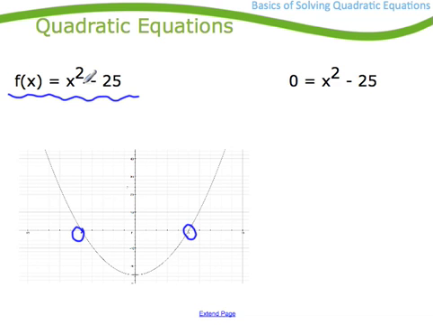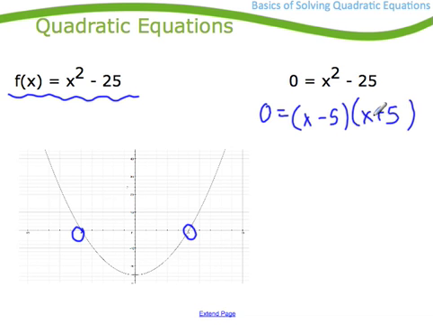So to do that, as I said on the last page, I let f of x equal 0, like I've done here, and then I solve this equation. Since it's a quadratic equation, I can factor, and I recognize this part here as being a difference of squares. And so I will factor this. It'll be x minus 5, x plus 5. Now I'll use the principle of zeros to solve.